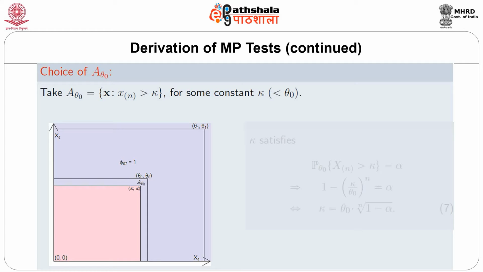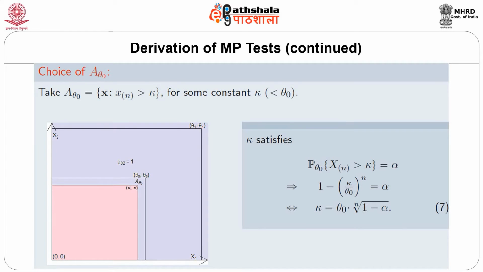Choose k such that the size of the test is alpha. So, k satisfies probability x order n is greater than k under theta naught is alpha, that is, 1 minus probability x order n is less than or equal to k under theta naught.